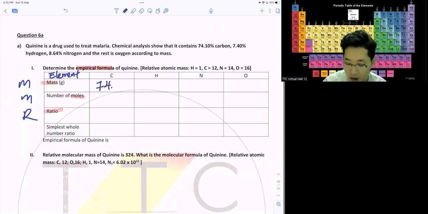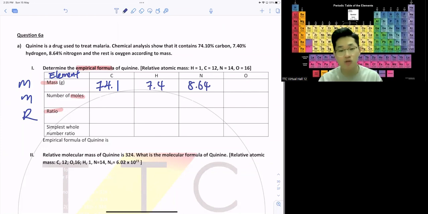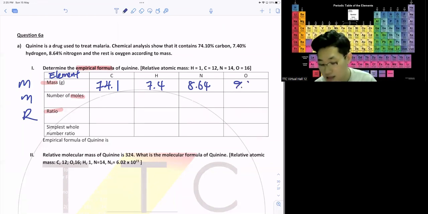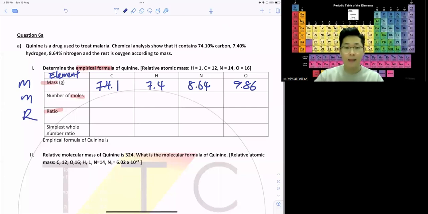So 74.1, hydrogen is 7.4, nitrogen 8.64, and the rest is oxygen. So we got to minus it to get 9.86.